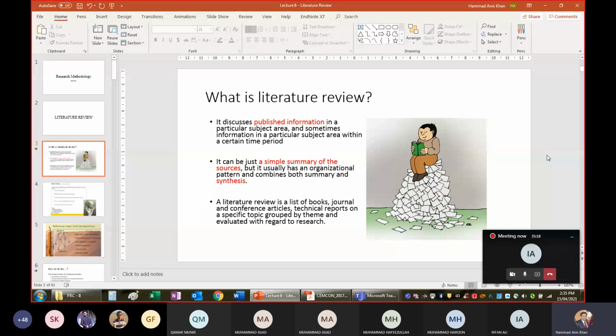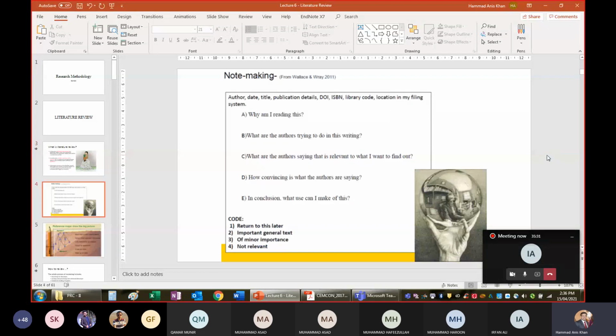A literature review includes books, journals, conference articles, and technical reports on a specific topic, grouped by theme and evaluated with regard to the research. When you start your literature review, you will have to read certain articles, books, and reports, and you will be asking some of these questions.